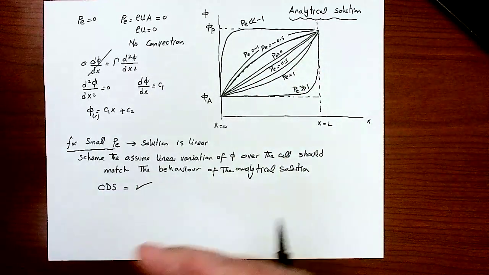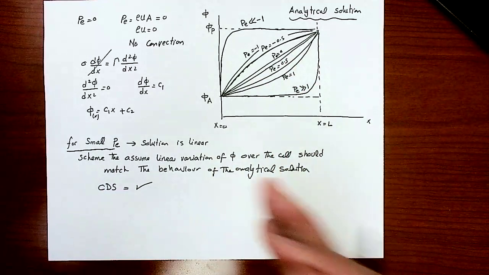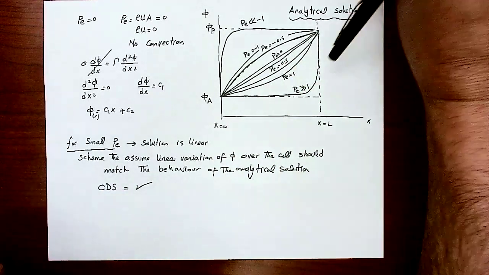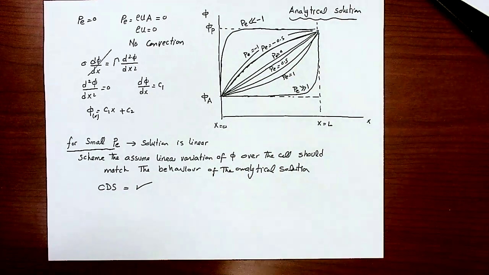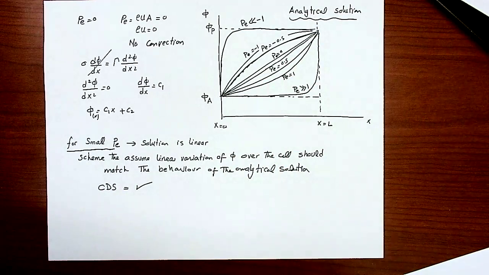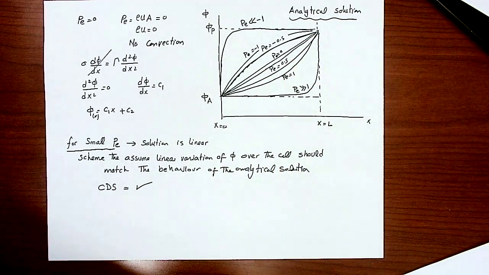The more you move away from 0 with your value of Peclet number, the more you will start getting a little bit of an error, okay? I'm trying to recap what the Peclet number was for the low velocity example. Let me go back to my sheet here.